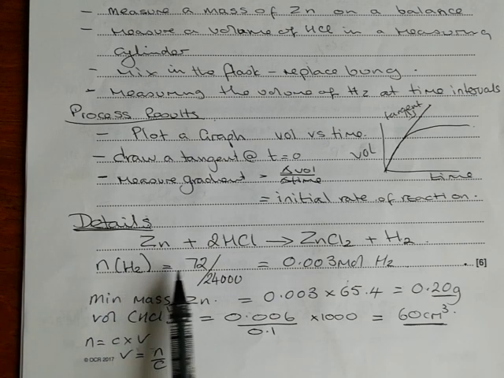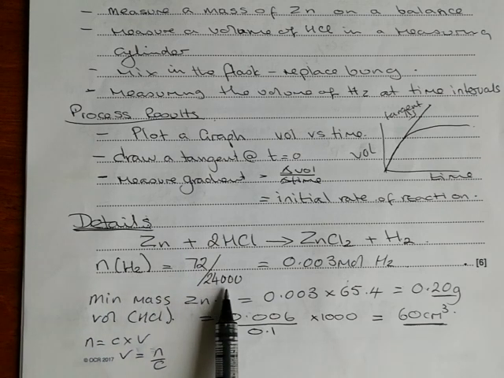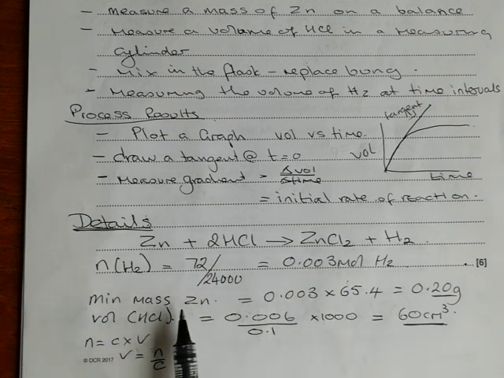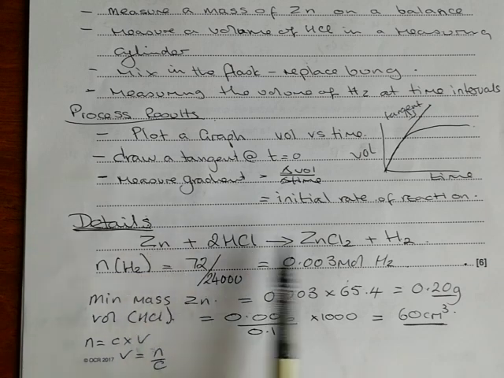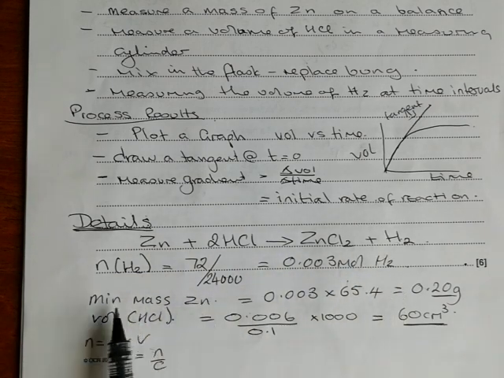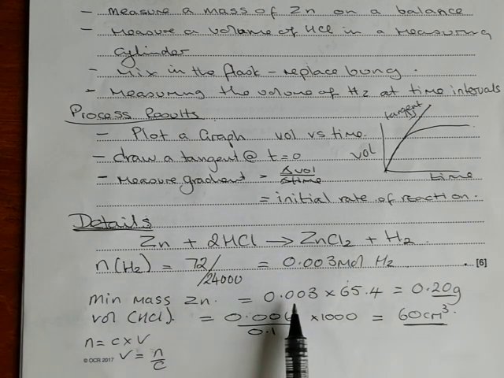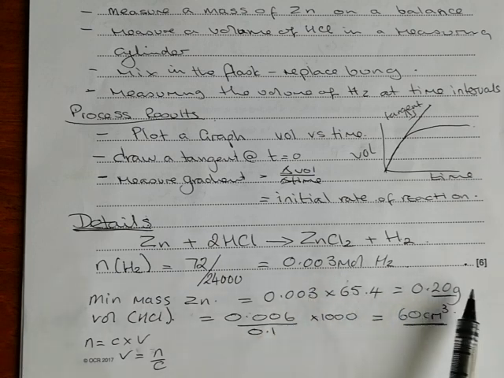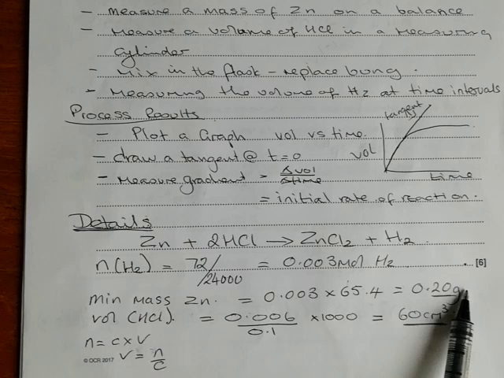The number of moles of hydrogen is the 72 that we had, over 24,000 is that many moles of hydrogen. So zinc is on a 1:1 ratio with this, so the minimum mass of zinc that we would want to put in there is the same number of moles as above times the mass of zinc. So that is the minimum amount of zinc. You need to put more than that in.